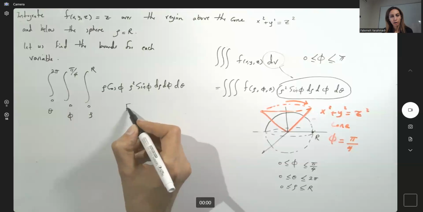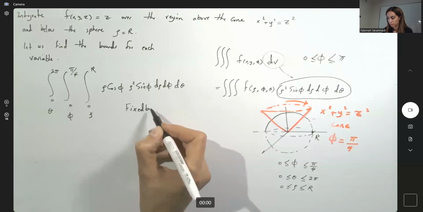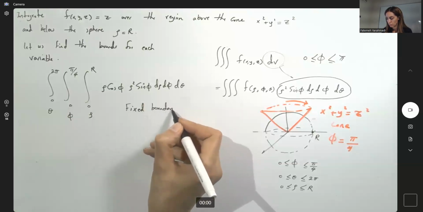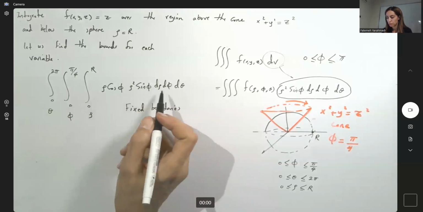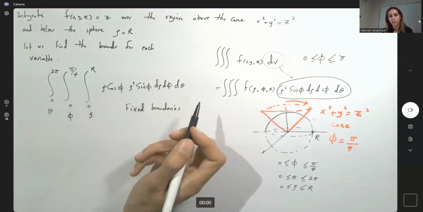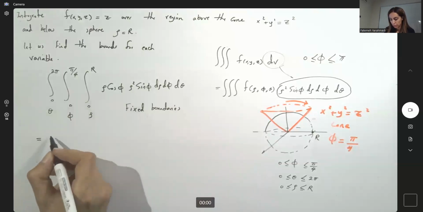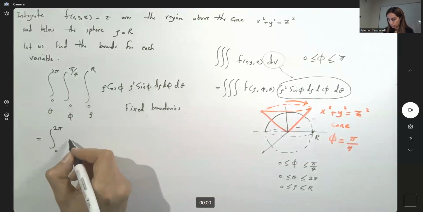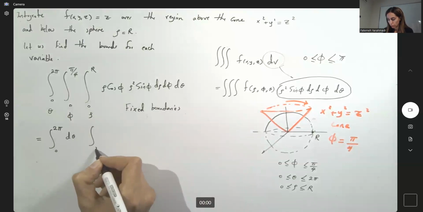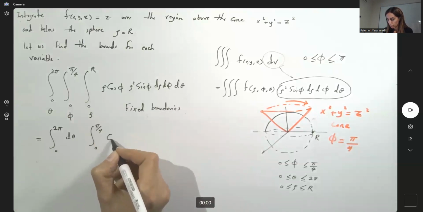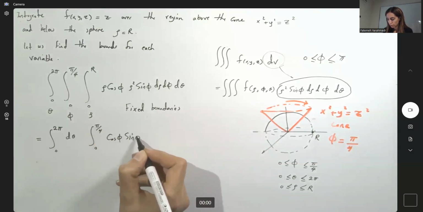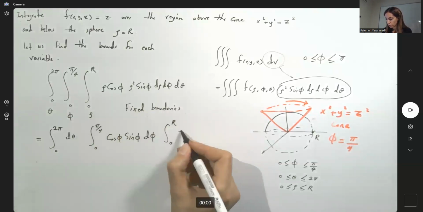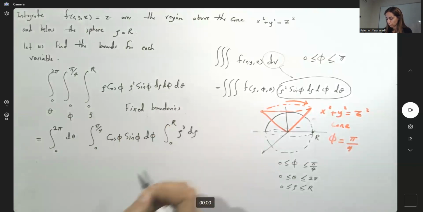You have fixed boundaries, and there is no combination between rho, phi, and theta. So you can separate these into three integrals. 0 to 2 pi of d theta, multiplied by 0 to pi over 4 cosine phi sine phi d phi, and integral 0 to r of rho cubed d rho.